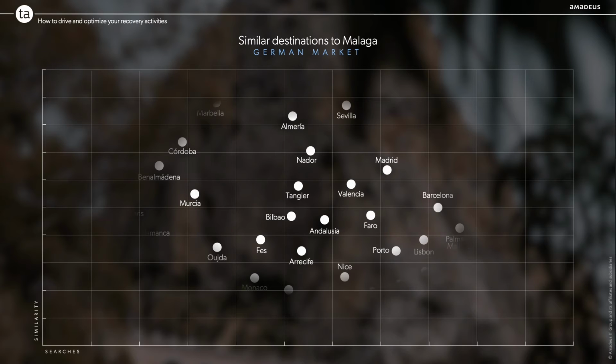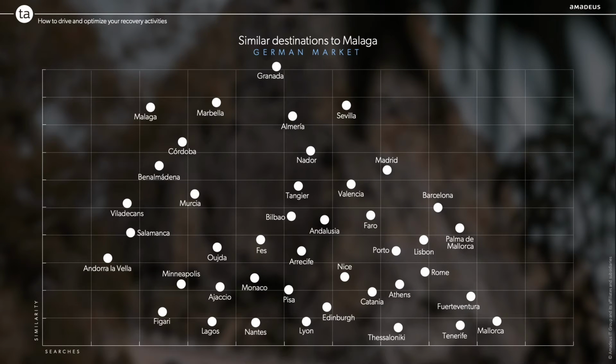To analyze similar destinations to Malaga, we have used the search data from our data partners. So these are well-established travel websites, meta searches, and OTAs. This data looks at the demand behavior of travelers and groups of destinations that they often search together. So essentially, this gives us a list of destinations that are often searched together with Malaga.